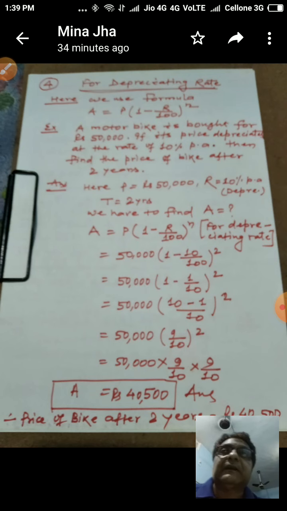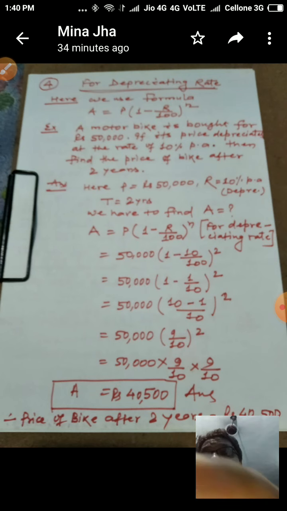Suppose you have purchased a bike for rupees 50,000 today, and it is said that as the bike becomes old and old, its price will be depreciating each year by a certain rate, say by 10% per annum. Quite natural. After 1 year, after 2 years, its price will not be 50,000, it will go down. So what will be the price of bike after 2 years? So this is our question.